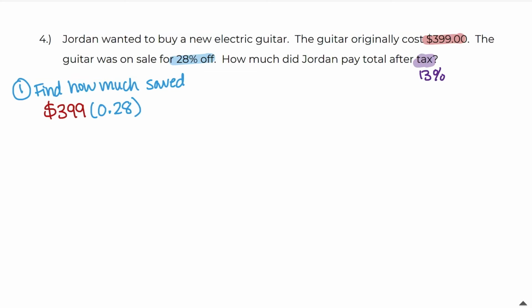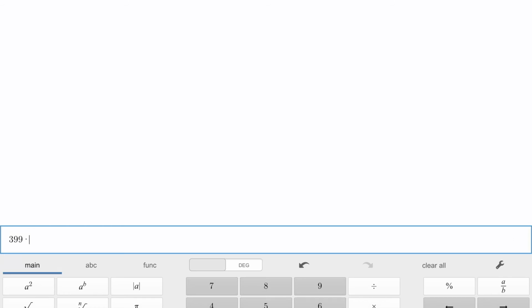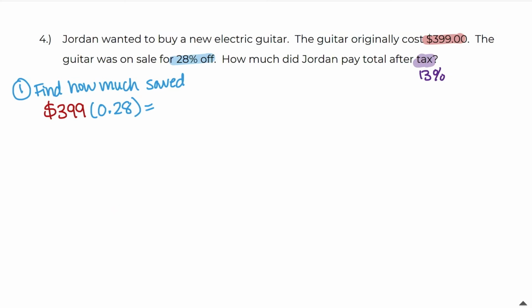So I'm going to go ahead and multiply 399 by 0.28 and see what I end up getting. 399 times 0.28, and I get $111.72. So here I can say this is 111.72. Now, just a reminder that this is how much money was saved, not the final discounted price. So be really careful about that, okay?